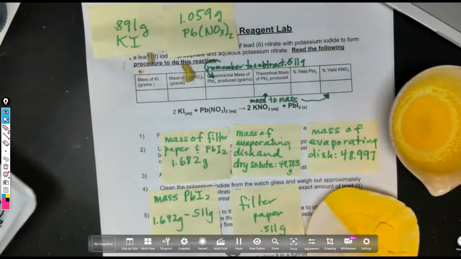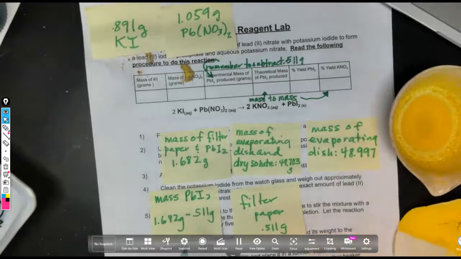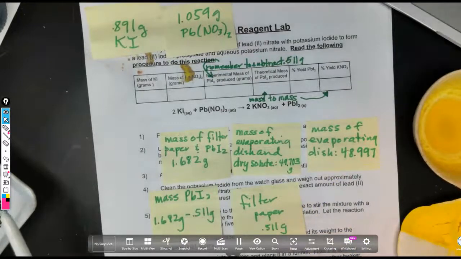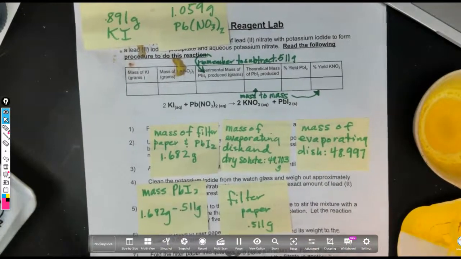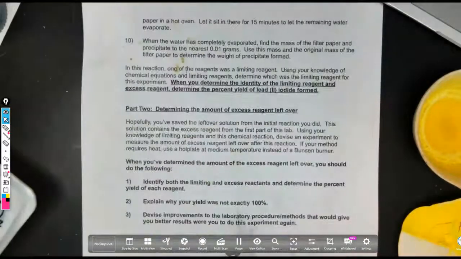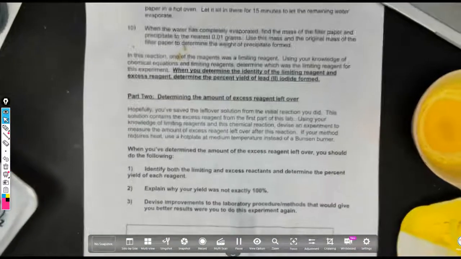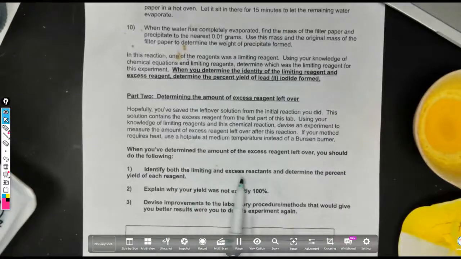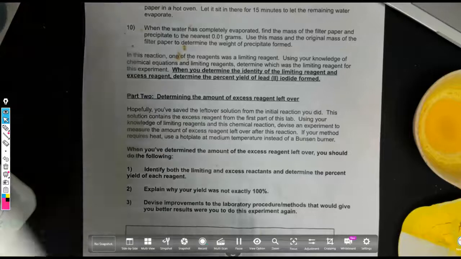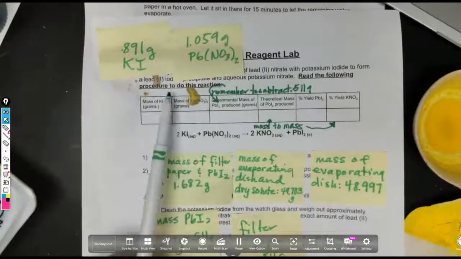All right. And I imagine there's going to be a lot of questions here, so we can talk about it some more. But the final things that you need to do is identify both the limiting and excess reactants, and this should be in a paragraph format. Determine the percent yield of each reagent. Explain why your yield was not exactly 100%. I will give you some hints. Look at my spills.